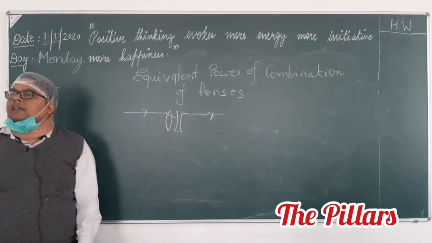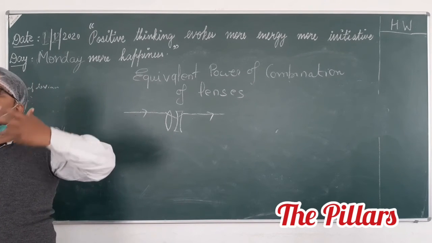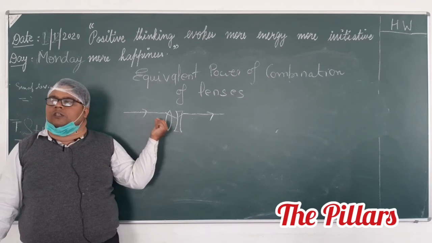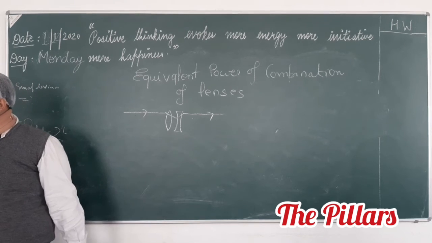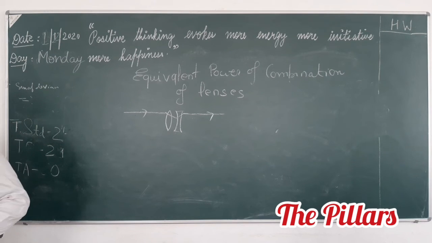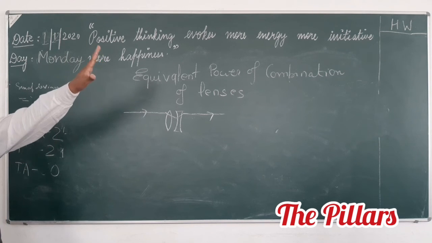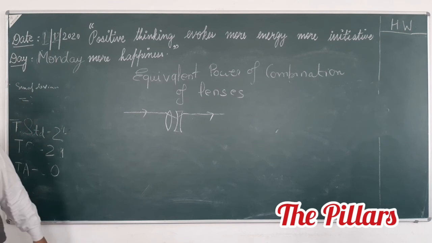If we have a convex lens and a concave lens of the same power very close to each other, the converging capacity is almost negligible. So power will be 0. One will be minus 5D, one will be plus 5D. Minus 5D plus 5D is 0D, zero power.